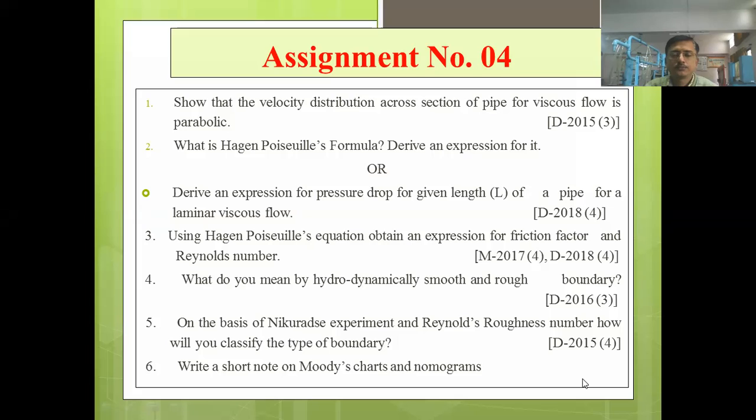Next question, number 5. On the basis of Nikuradse's experiment and Reynolds roughness number, how will you classify the type of boundary?